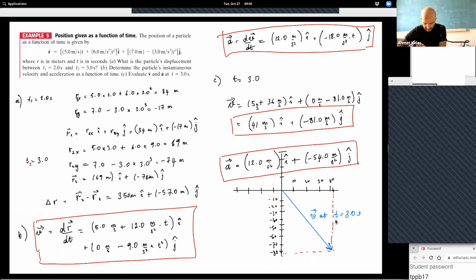And acceleration is, okay, this is a little bit cluttered, but sorry about that. a is equal to 12.0 meter per second squared along the i direction and minus 54 meter per second squared along the j direction. So we can plot, for example, v at t equal to 3, something like that. I had to squeeze in yesterday for this, but it's okay.